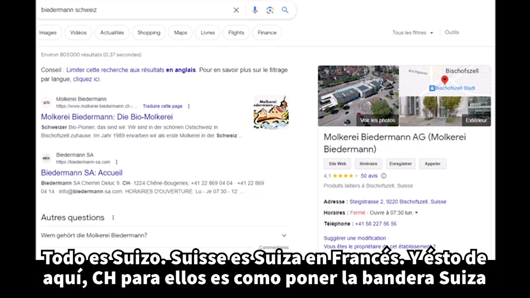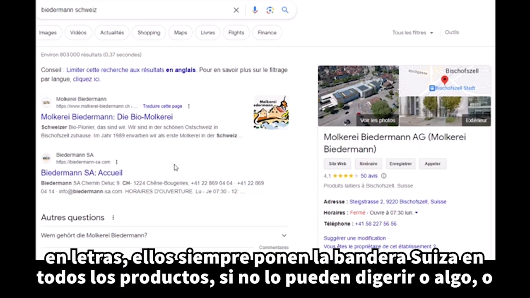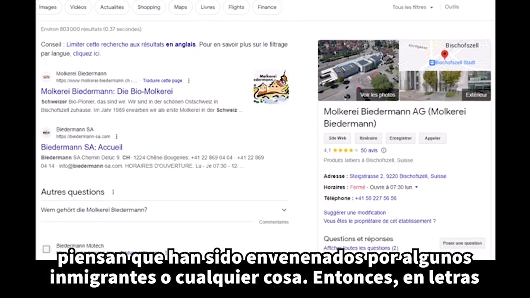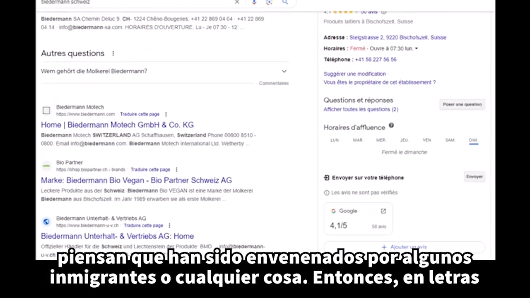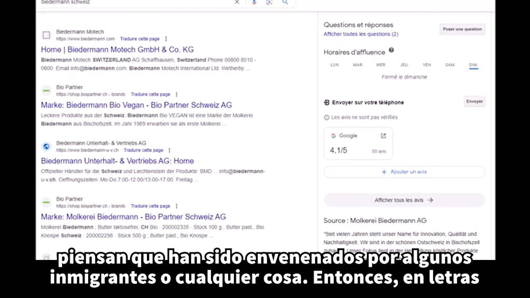And here, it's all Swiss, Suisse is Switzerland in French. And this here, CH, it's like for them putting a Swiss flag in the letters. They always put a Swiss flag on every product, otherwise they can't digest it or something, or they think they're being poisoned by some immigrants or whatever.